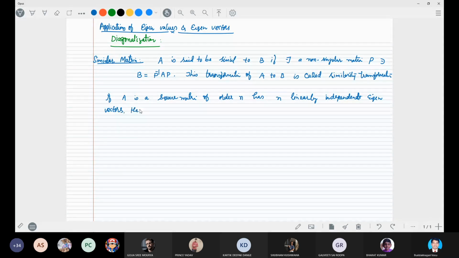Then there exists a non-singular matrix P such that P inverse AP is a diagonal matrix.